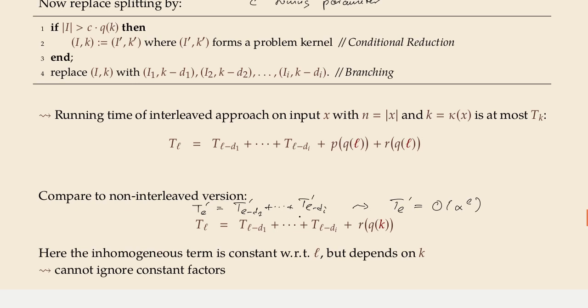In this recurrence, we only counted the number of leaves. If we want to count the running time in the recursion directly, we should have this additional term, because each splitting costs us this toll term r of the size of the instance, roughly.